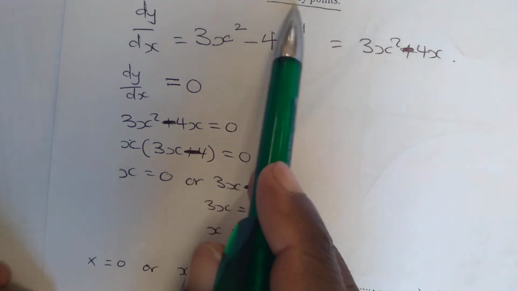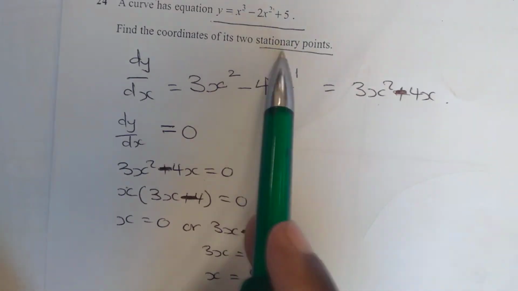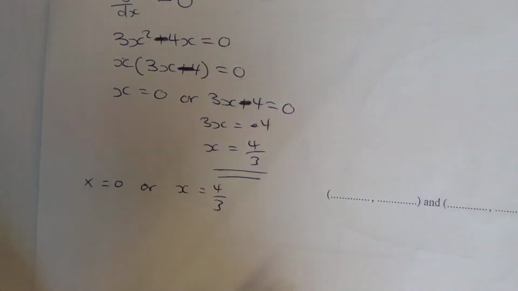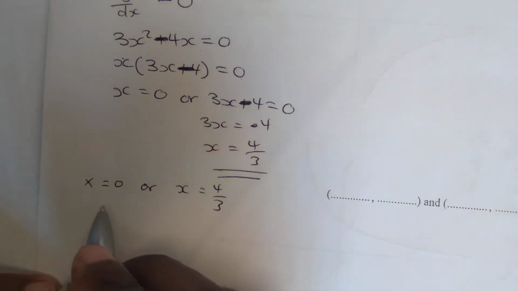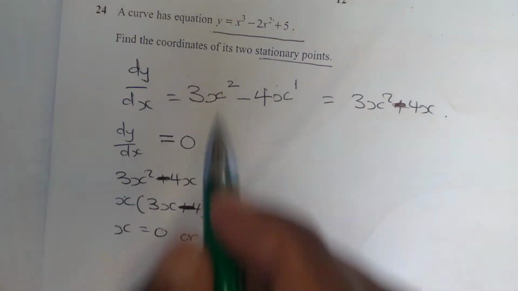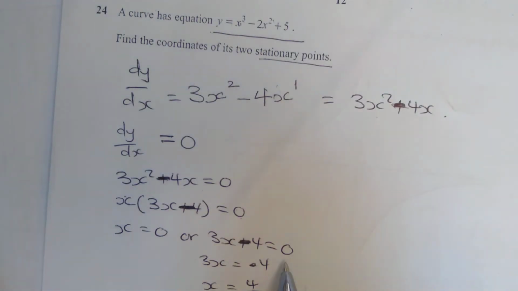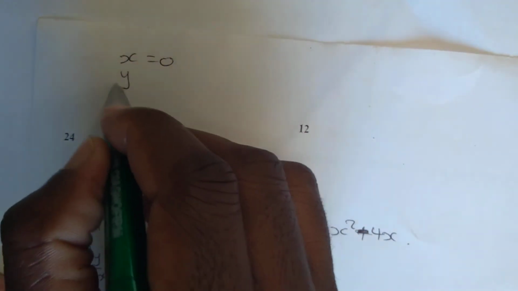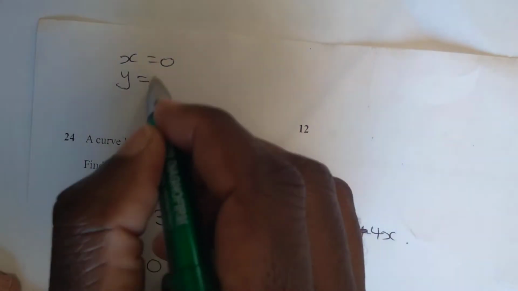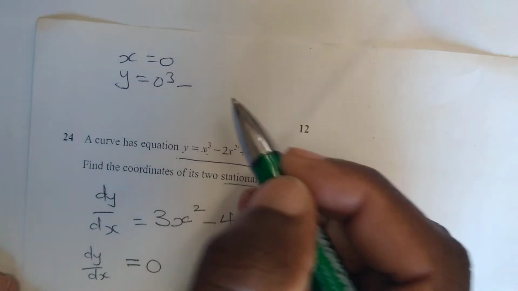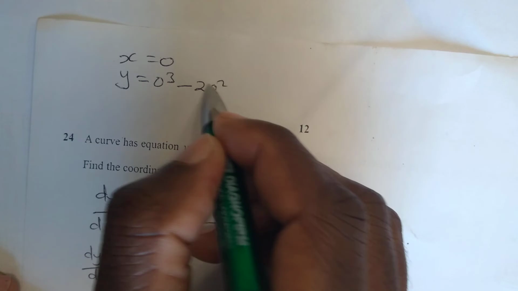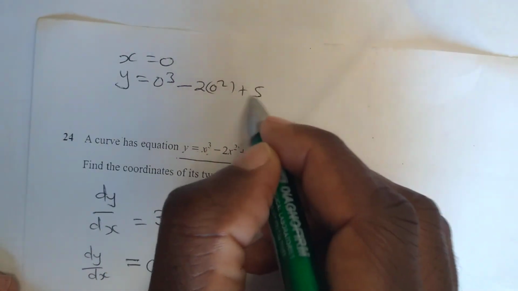To find the coordinates of the stationary points, we need to substitute into this original equation this value of x, which is 0, and this value of x, which is 4 over 3. So when x equals 0, y equals 0 cubed minus 2 times 0 squared plus 5.